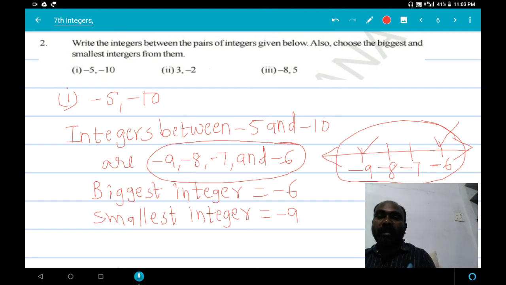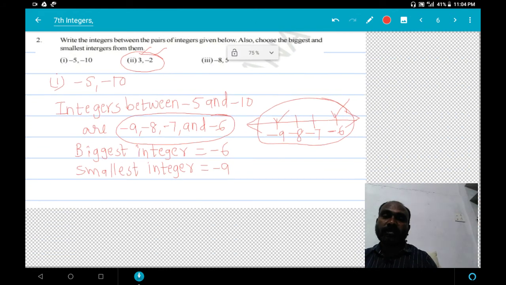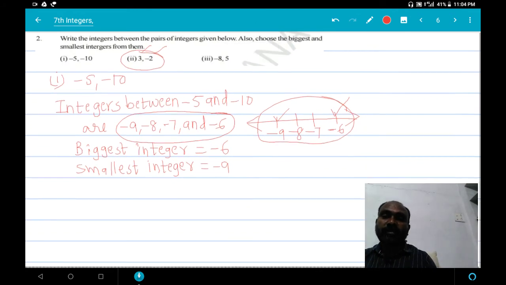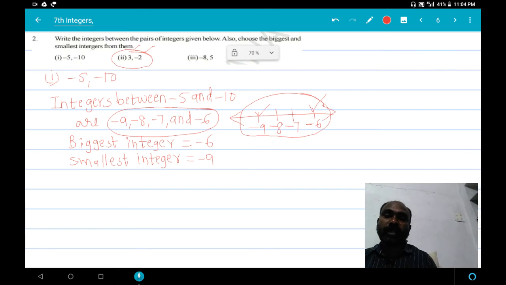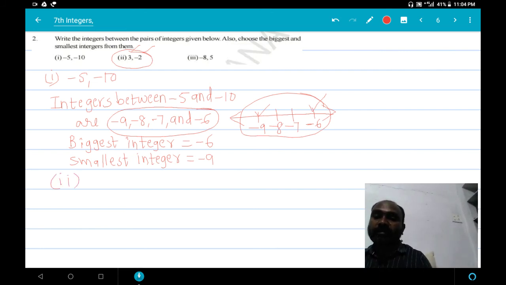Okay, here both are minus, but here the second question is 3 and -2. So first we compare with, okay, here second question, from 3 and -2 like this.